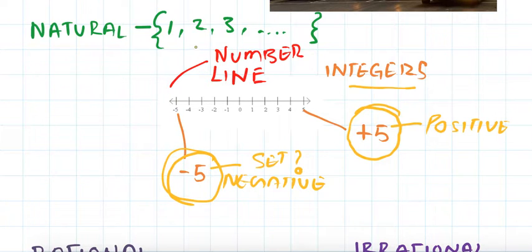Natural numbers are all the numbers that we use for counting, the positive numbers, and integers include all the negative numbers as well. So essentially, all the positive integers are natural numbers.